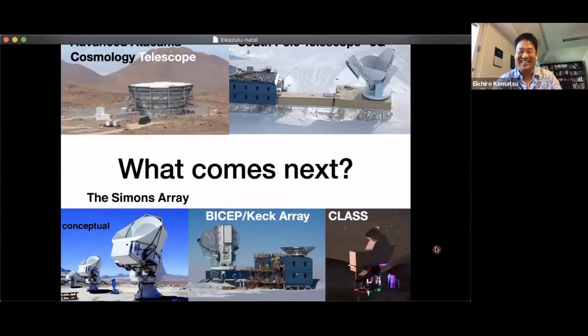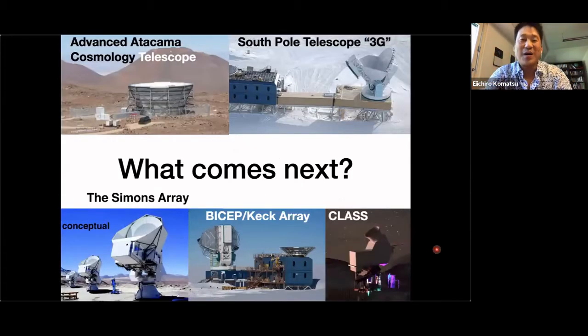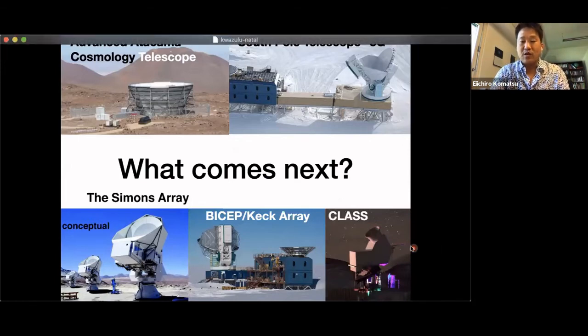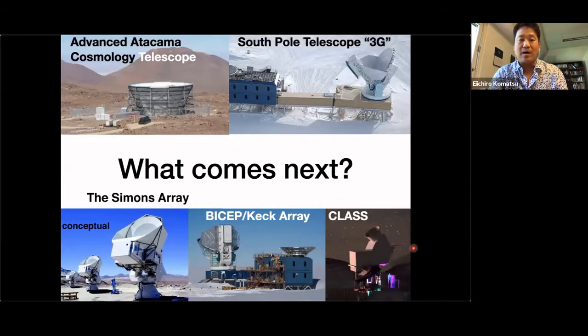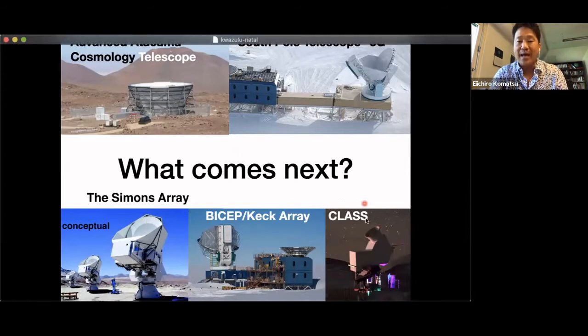Okay? What comes next? So we had COBE, WMAP, Planck, and also many ground-based and balloon-borne experiments to get us where we are now. The story continues. To detect this B-mode polarization, multiple ground-based facilities are taking data today.